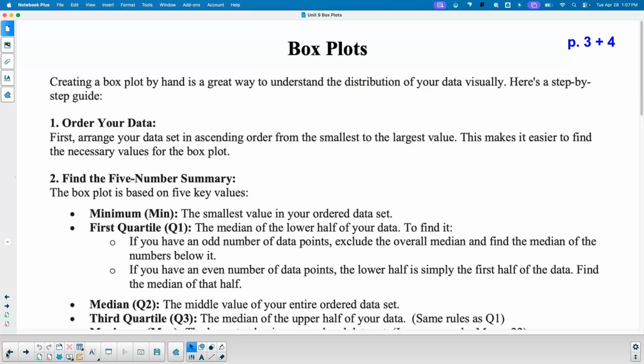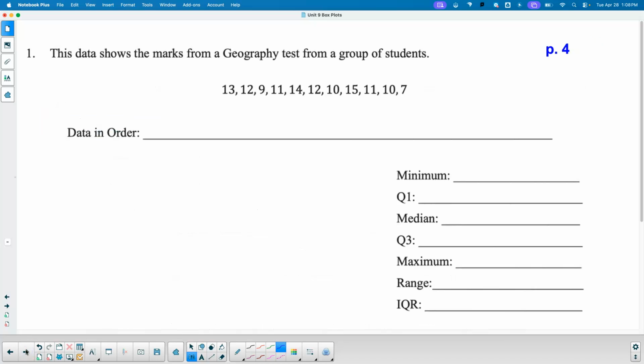So the very first thing that you need to do is arrange your data in order. Okay? Now, flip the page. Let's do that right now, as we're going through these steps. So what's my smallest data point? 7. Now, if you need to cross them out, that's fine too.